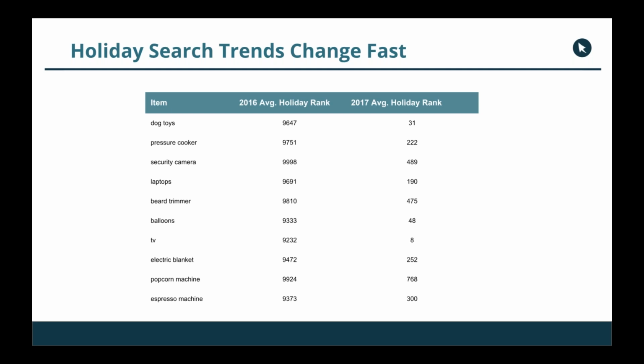Electric blankets, same thing. Can't comment on that. But I think the thing to take in mind is that you need to pay attention to what consumers are shopping for and do firsthand research on it, and we'll talk a little bit about how you can do that, and then take steps to ensure that your product is discoverable for those consumers who are really broadcasting what they're interested in.